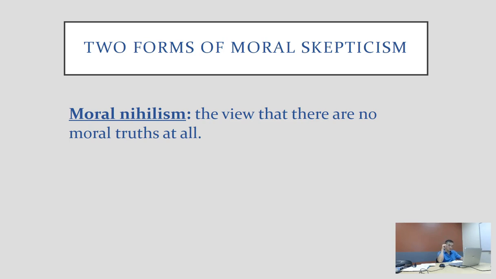If moral nihilism is true, then we are simply disguising some other kind of feeling that we have. We're venting when we say that genocide is wrong or evil. We're not actually stating something that can be true or false. So that's a consequence of moral nihilism.